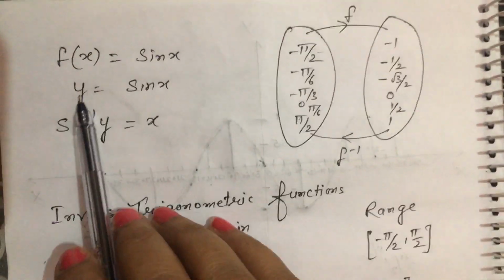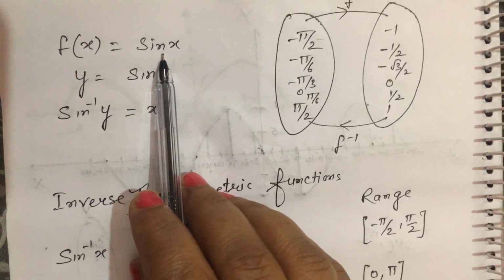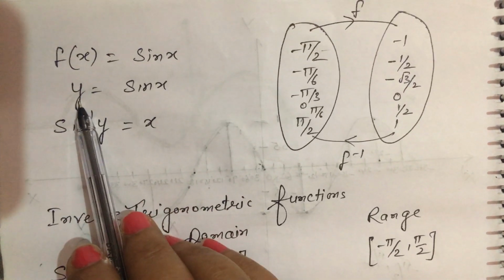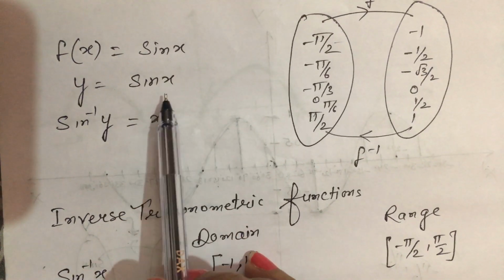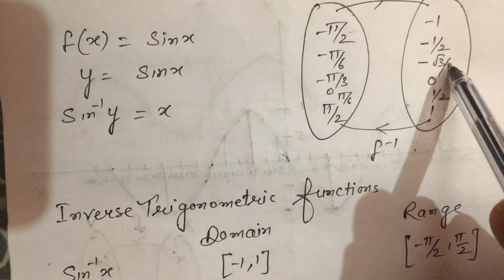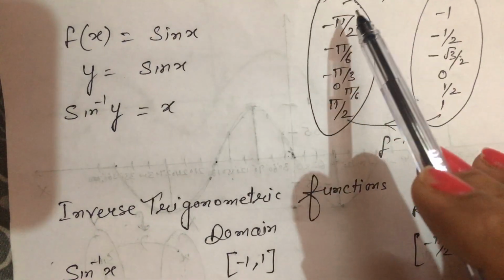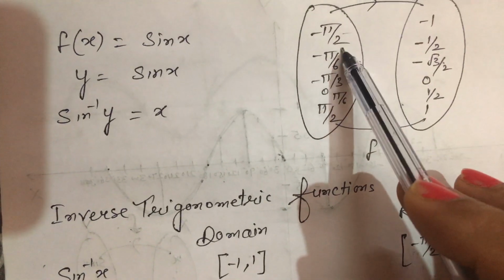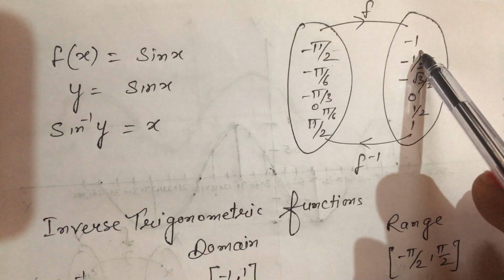Now, inverse of a function. Suppose f(x) is equal to sin x. Let f(x) = y = sin x. Then what is the inverse of this? Suppose f is this function and it is 1-1 and onto both. 1-1 means every distinct element of this has a distinct image in this.